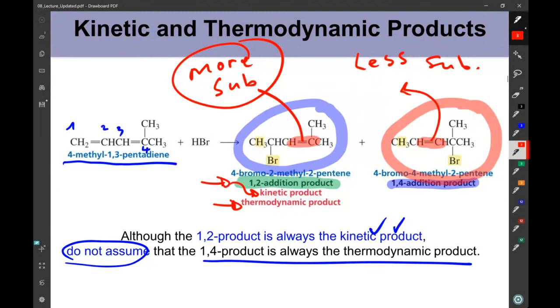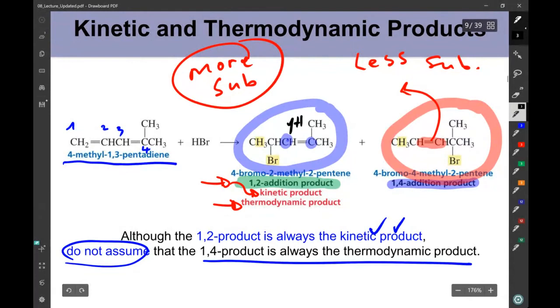Why is that one more substituted? Why is the one circled in blue more substituted? Again, let's go back and focus on the double bond. These are the 2 carbons involved with the formation of the double bond. How many hydrogens are directly connected to that double bond? Can you answer the question? 1. If we do the same thing with the structure circled in red, how many hydrogens are directly involved with that double bond?